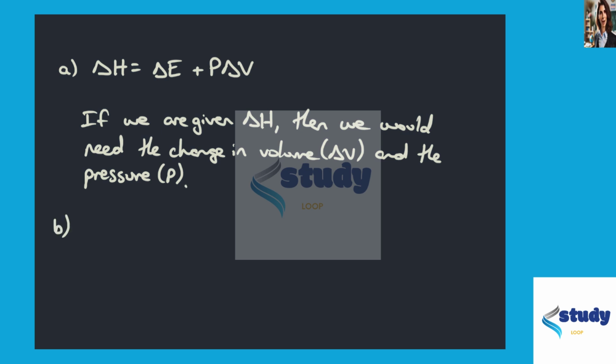For B, which quantity is larger for this reaction?